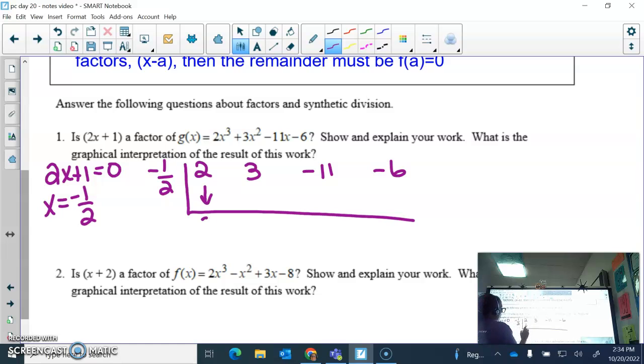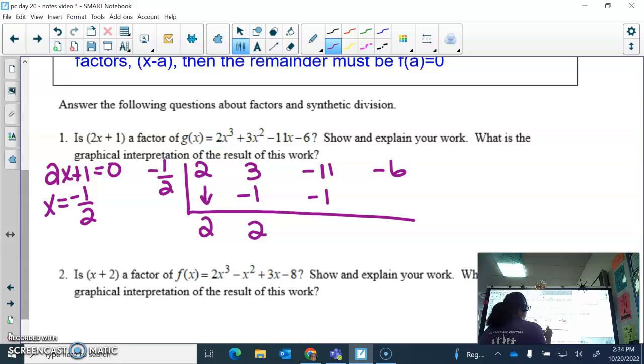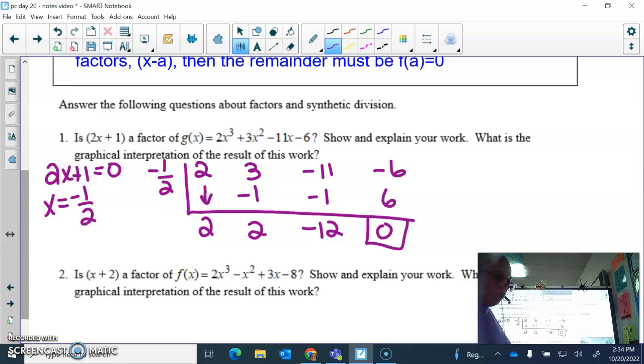All right, and so when we do this, we get a remainder of 0. So it says show and explain your work. What is the graphical interpretation of this work?